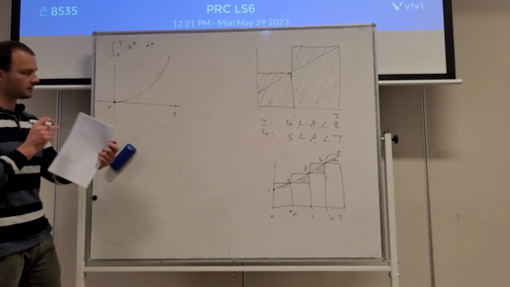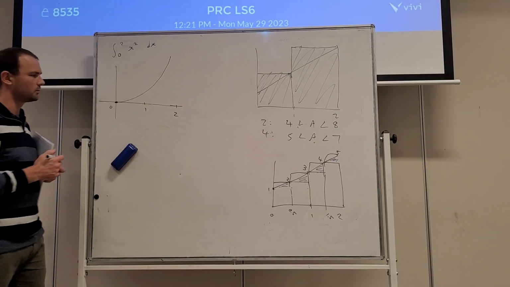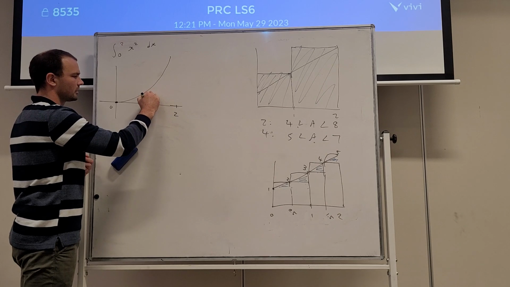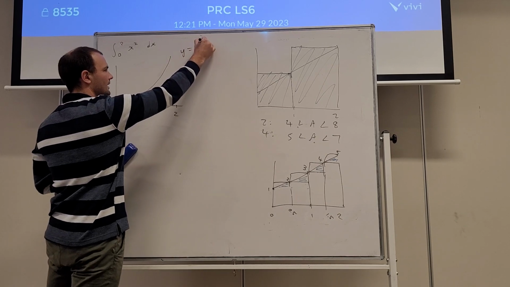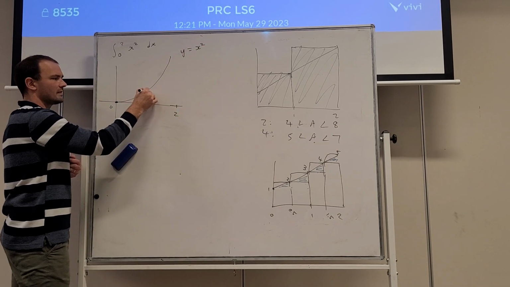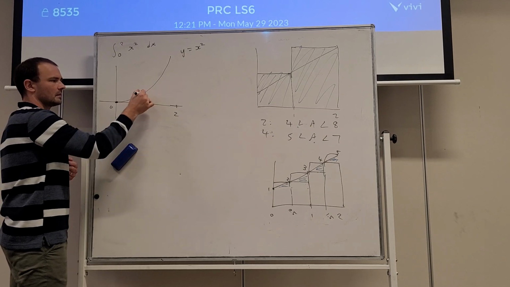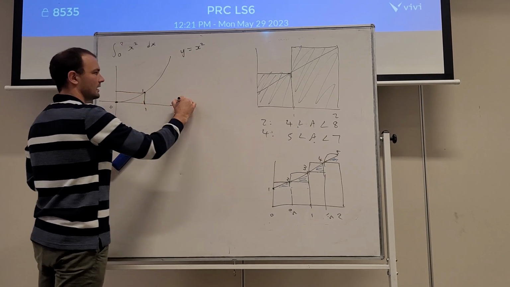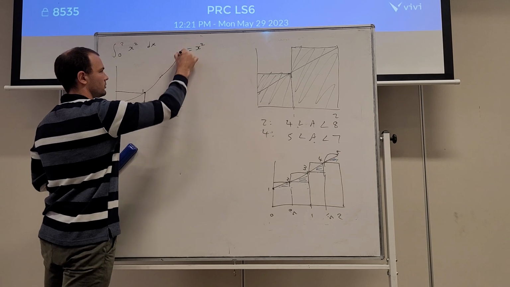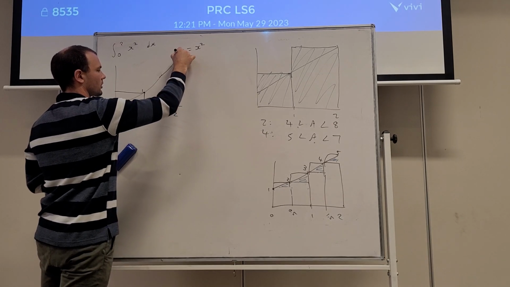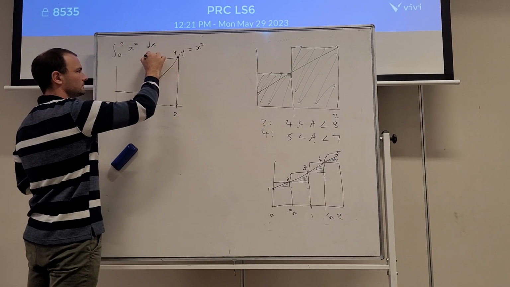It says using 2 rectangles. So here's the number 1. What's the corresponding y value? Remember, y equals x squared, so 1 squared is going to be 1. That would be our upper rectangle. And then here, 2 squared is 4.